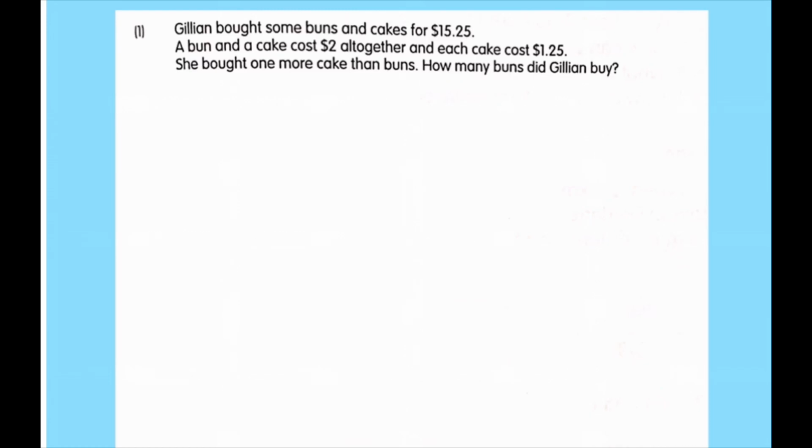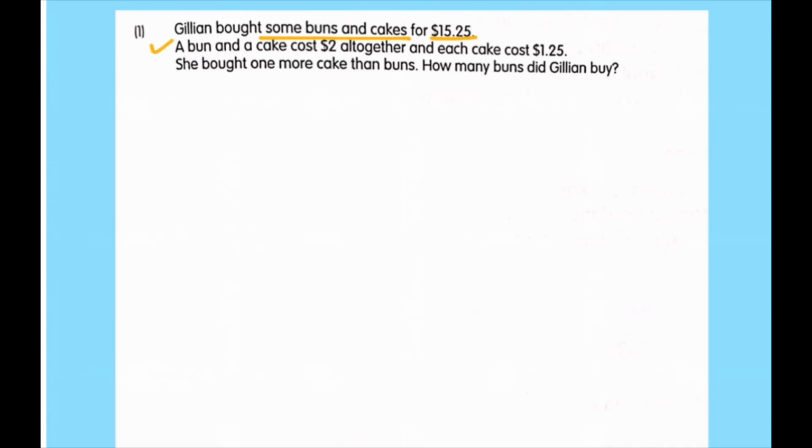In the given problem, we know that she bought some buns and cakes. Do we know how many buns and cakes she bought? No. But we know that the total cost of the buns and cakes is $15.25.